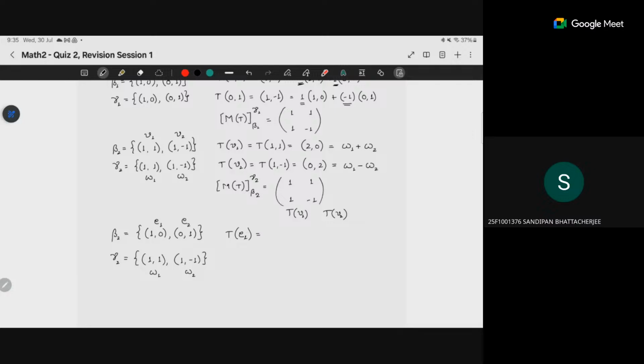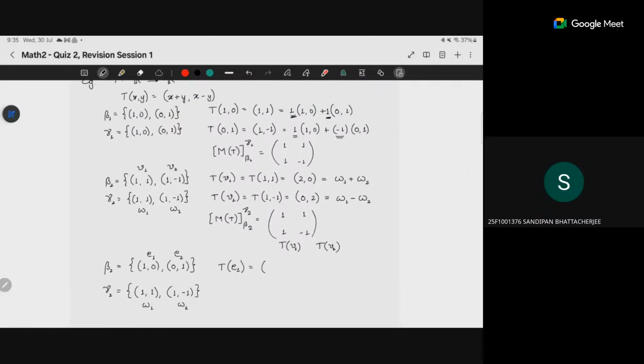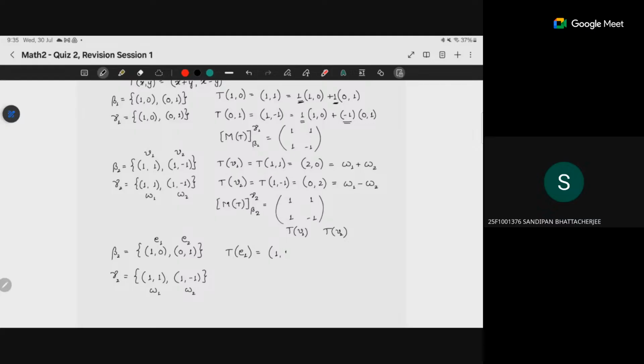I look at the image of the first vector in the chosen basis, and that happens to be (1, 1). How do I write (1, 1) as a linear combination of these things? 1 times (1, 0) plus 1 times (0, 1).